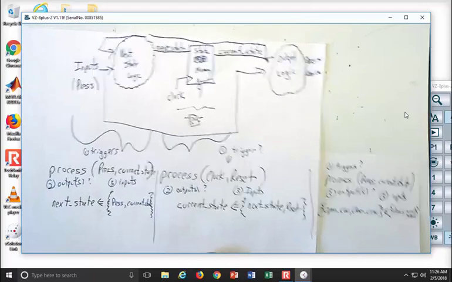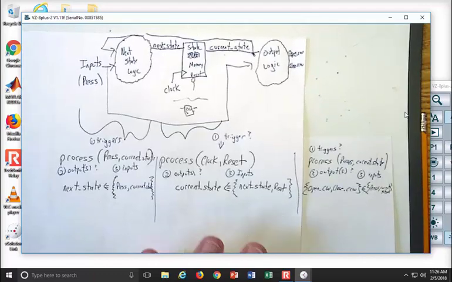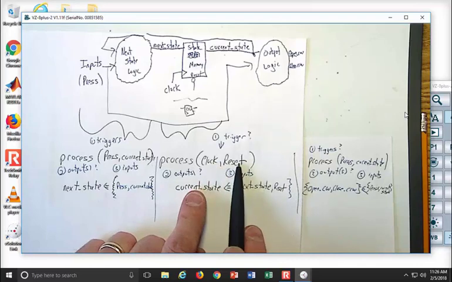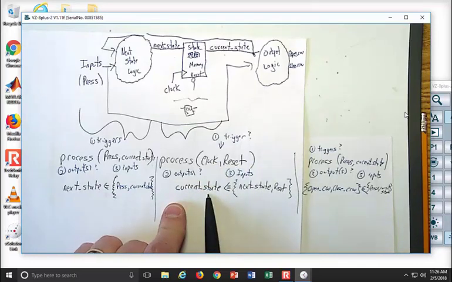Let's think about the lessons learned here. Number one, a finite state machine is modeled in VHDL using three separate processes. One process is used to model the state memory. Its sensitivity list has clock and reset, and it assigns to current state.